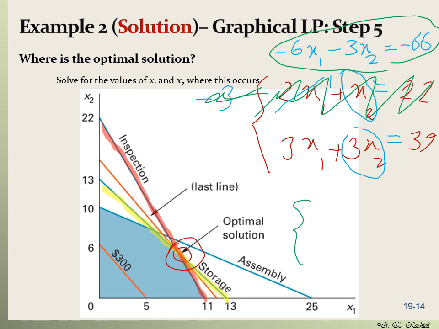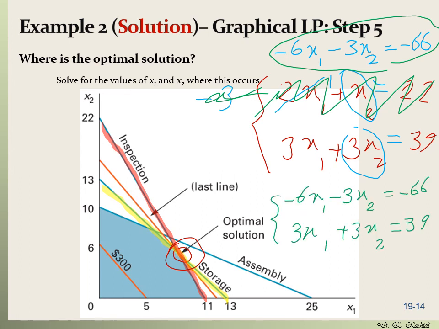I'm going to write them here. Now we have these two equations in green. What you can see here is we have negative 3x2 here and 3x2 here, so if I add these two up, I'm going to get 0. I'm going to add the two sides of the equations.